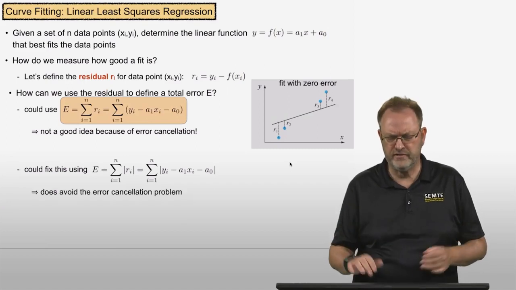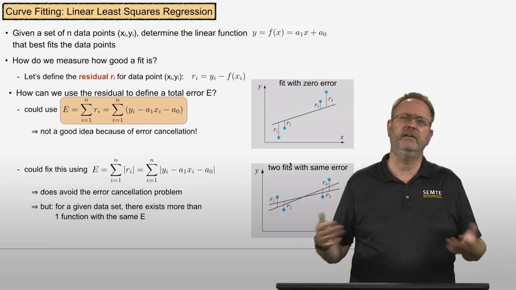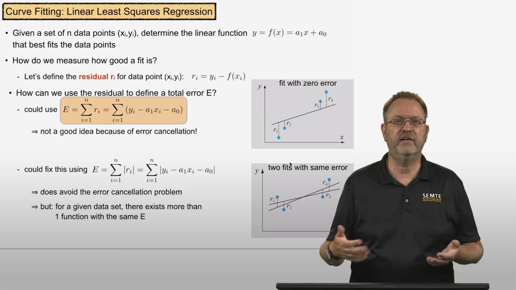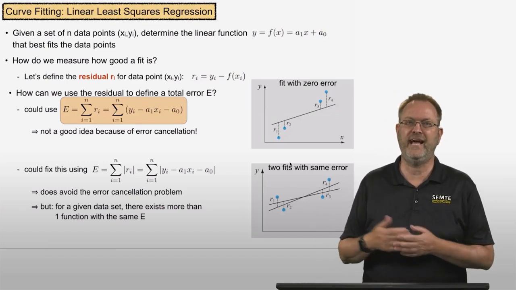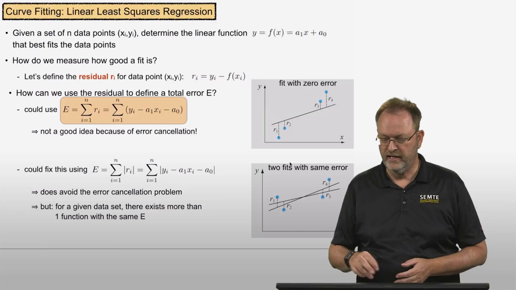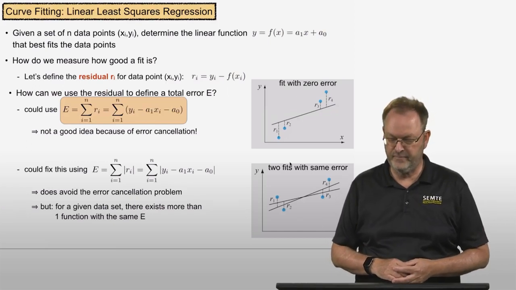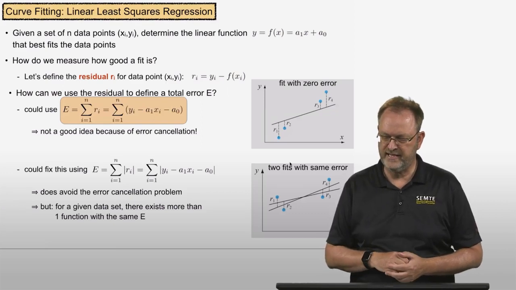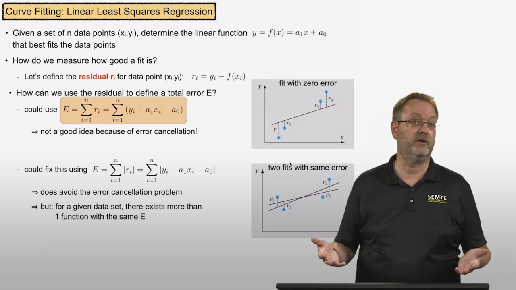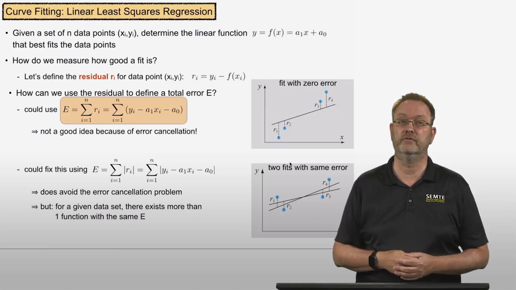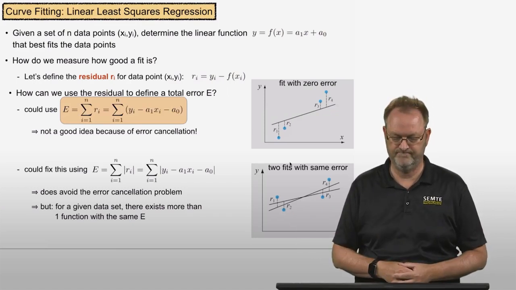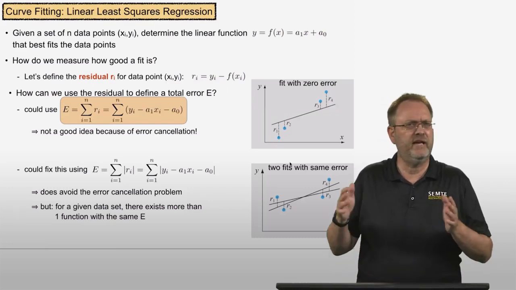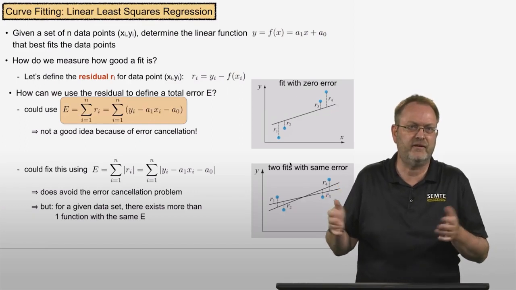That avoids the error cancellation problem, but it introduces a second issue, namely that for a given data set, there exists more than one function that has the same total error. Shown on the right is one of these examples. If you try to visually keep these apart, you'll see that both of these lines have the same error if it's defined as the sum of the absolute values of the residuals.